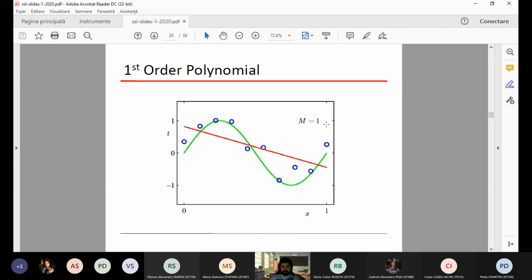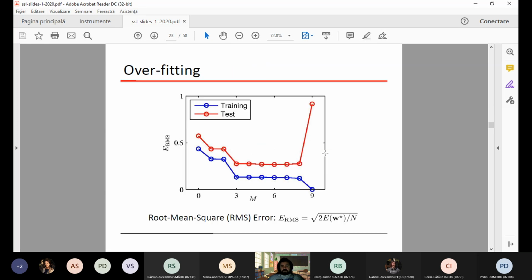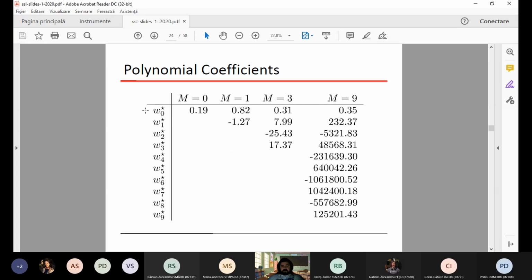So Traian showed you that when the complexity of the curve is increased, you'll get to a spline like this, and the values of W's, as you can see, will increase. If you have something like this, it's clear that you're not having a classifier anymore.